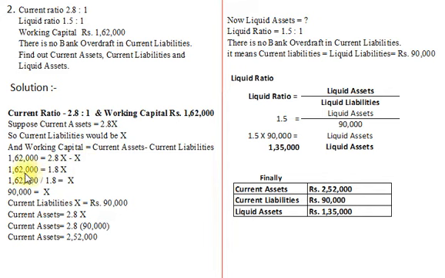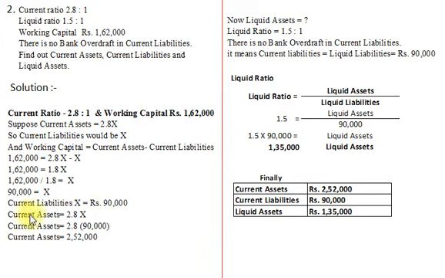So finally we reach 1,62,000 is equal to 1.8x, and next step 1,62,000 divided by 1.8 is equal to x. So we get x is equal to rupees 90,000, and we assumed x for our current liabilities. It means we got current liabilities rupees 90,000.